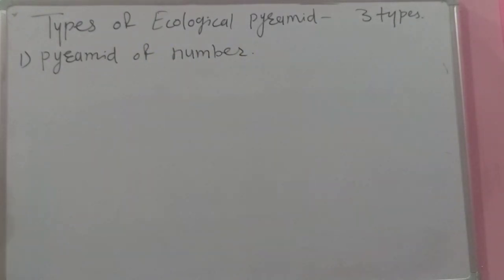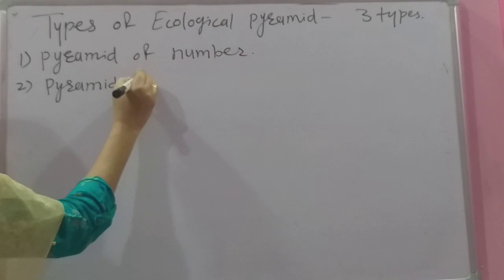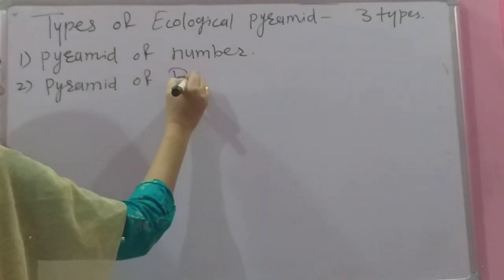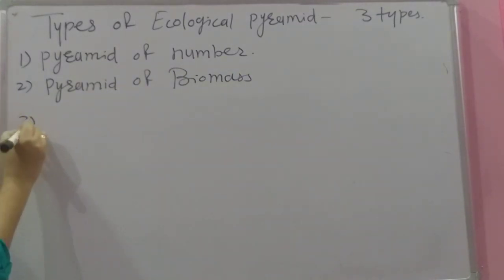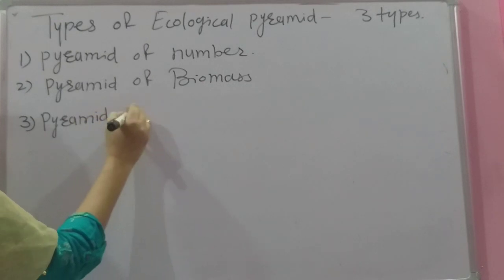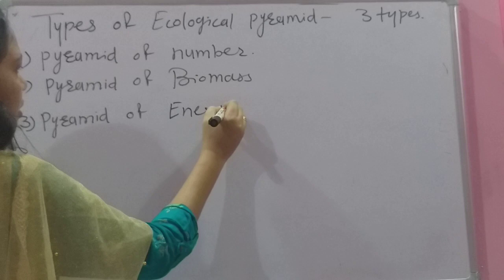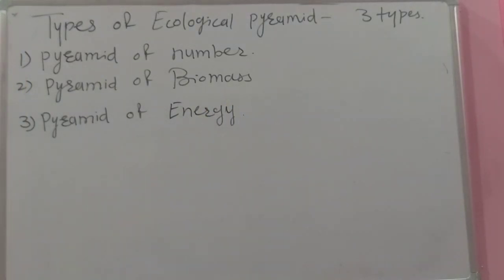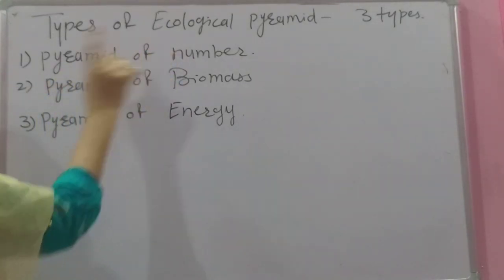First type is the pyramid of number. Then second is the pyramid of biomass. And third, pyramid of energy. There are 3 types of ecological pyramids. Then we will discuss them one by one. First is the pyramid of number.